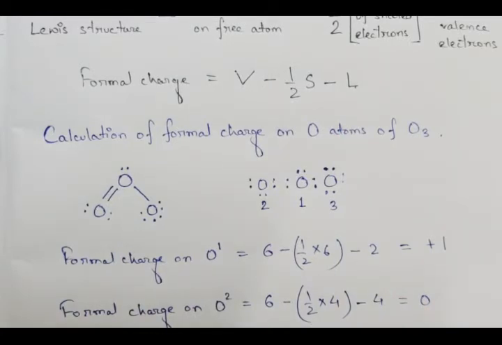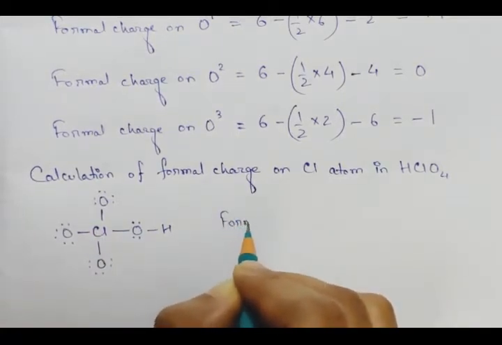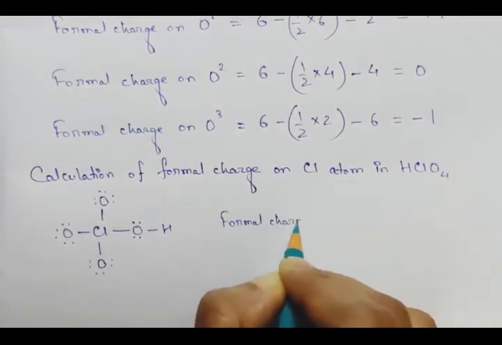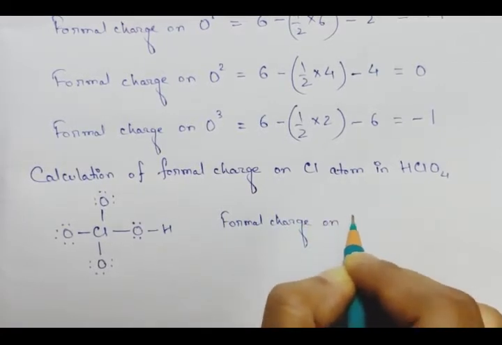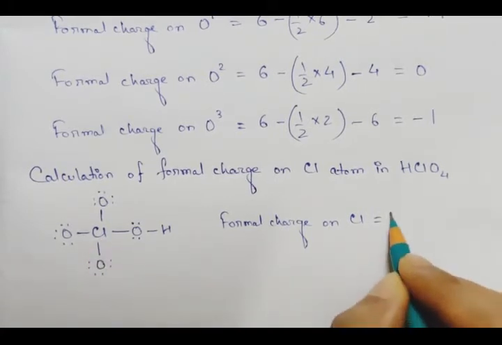If we want to calculate the formal charge on the chlorine atom of HClO4, how will we calculate? This is the structure for HClO4 and we want to calculate the formal charge on the chlorine atom here. First we need the number of valence electrons on the free chlorine atom, that is 7.